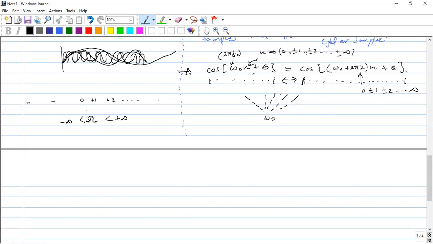So what I want to tell you is that different frequency values will generate different waveform patterns. Different values of this frequency omega will generate different signals.